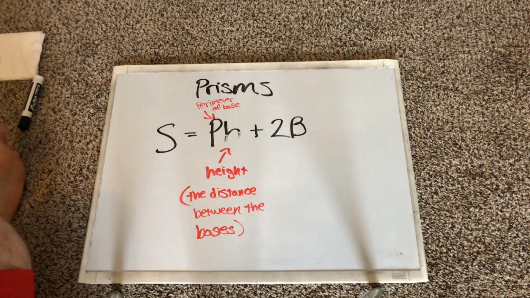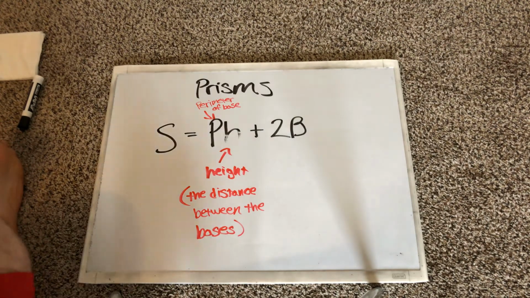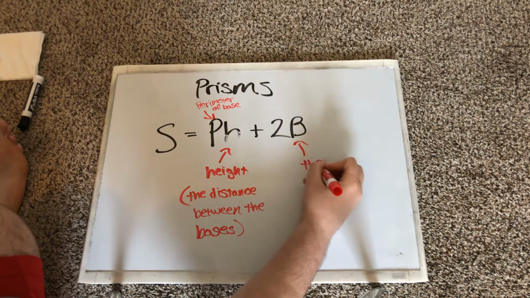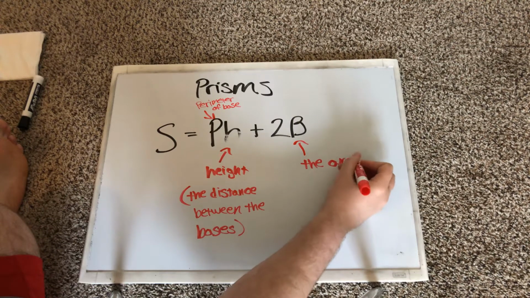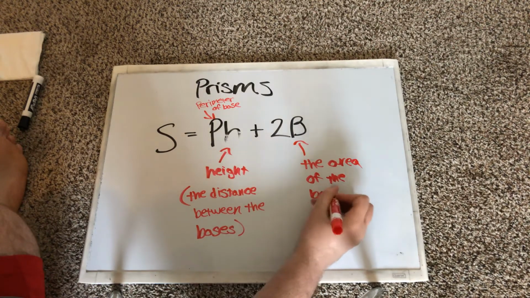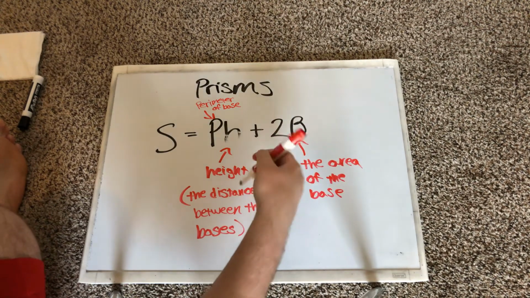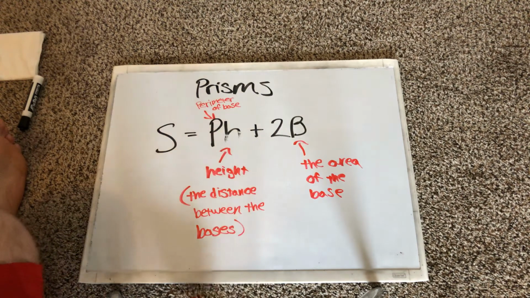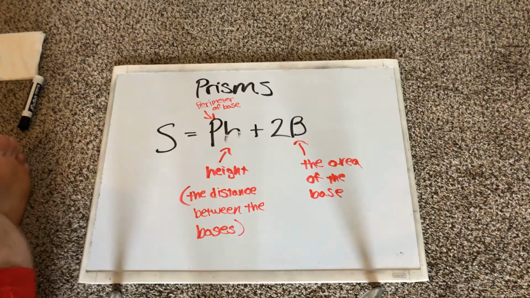And then plus 2 times B, where big B is the area of the base. This makes sense because if I have two bases, 2 times the area of the base covers the area of those two bases.